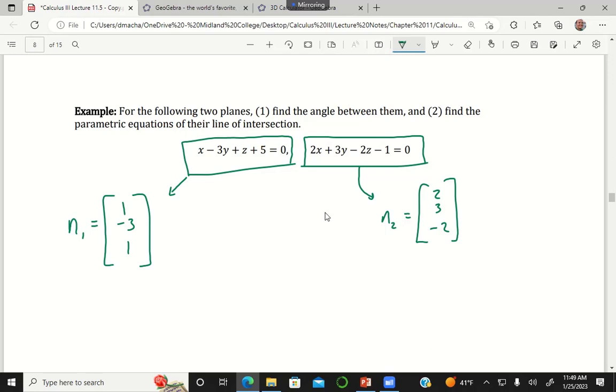If I want to find the angle between them, I'm going to use my dot product formula over norm n1, norm n2.